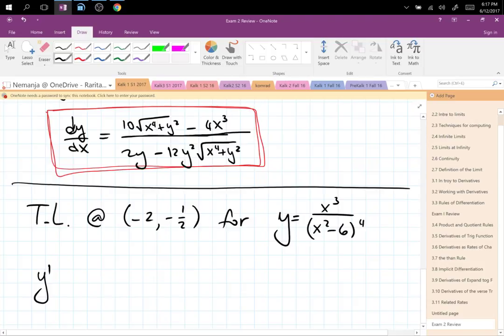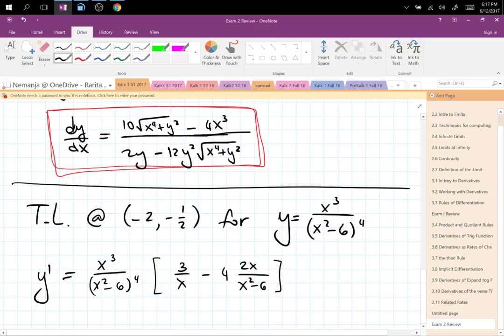So y prime is equal to, copy the problem as is, and then just write out the derivative, which is 3 over x minus 4 times 2x over x squared minus 6. Now, if you haven't practiced the logarithmic differentiation, obviously something like this is not available to you, which means that you would have to grind through the quotient rule.